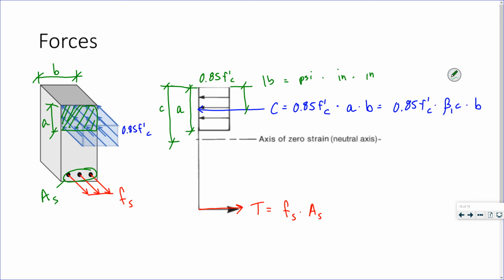This distance would be A over 2, because if the height is A, the distance from the extreme compression fiber to the centroid of the compressive force of the concrete is A over 2. And then the distance from the extreme compression fibers down to the centroid of the reinforcement is d.